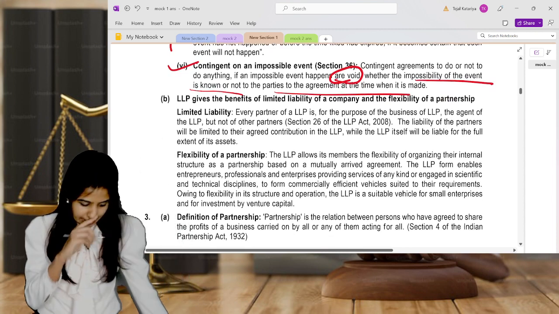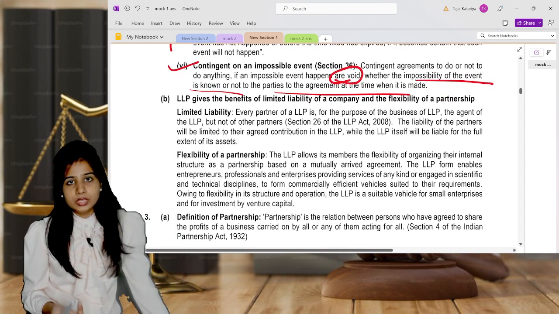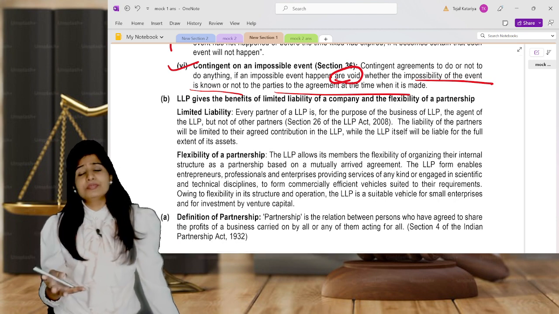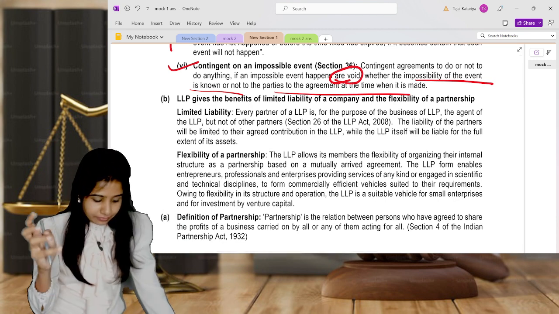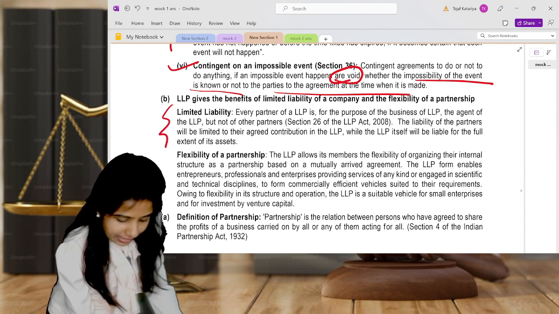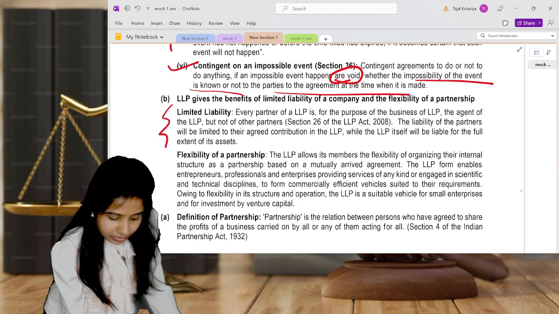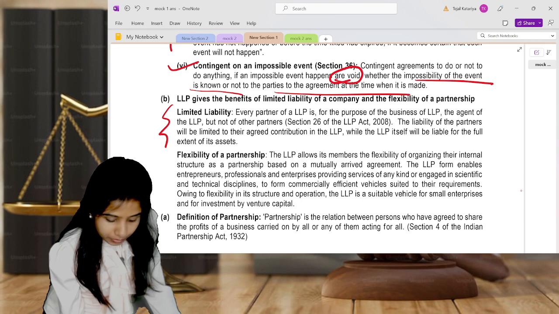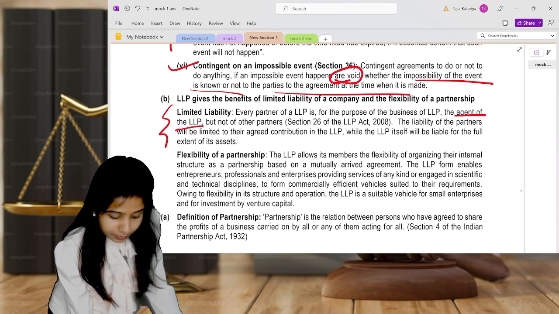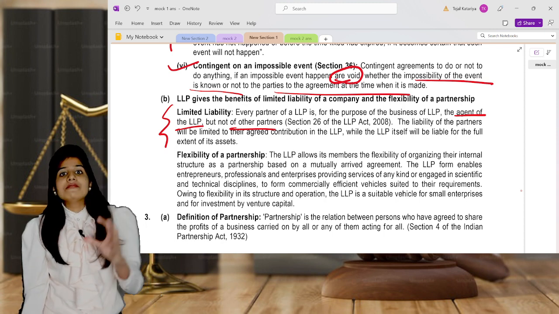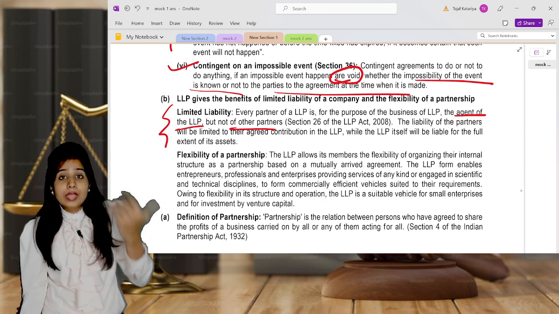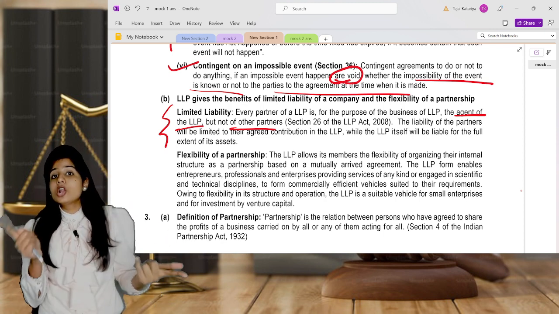For limited liability, there are a few points. First of all, any company established under the Companies Act has limited liability, and they are taking that feature into LLP. Here they say that every partner of an LLP, for the purpose of business, is the agent of the LLP, but not of the other partners. If you remember, we have already seen that every board director is an agent of the company, but not of the members.